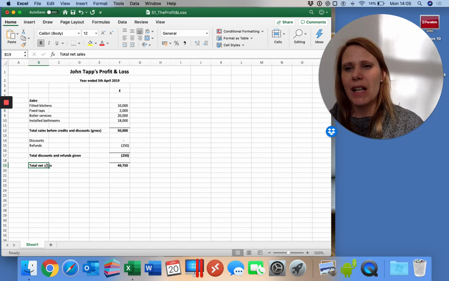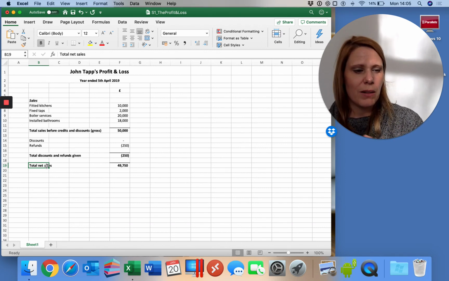You might feel it, but you can't see it, and the numbers never lie. So by having the numbers split out, it helps to give you more of an understanding about your numbers, the levels of discounts you're offering, the levels of refunds, credits, anything like that, and also a split on your sales.